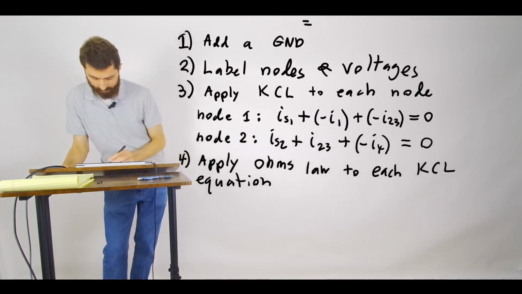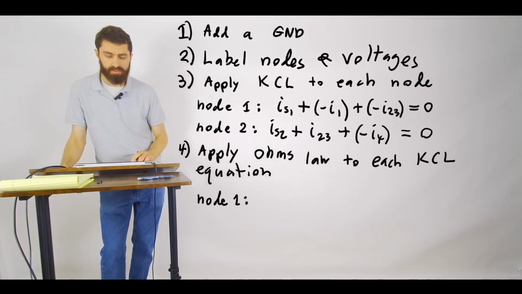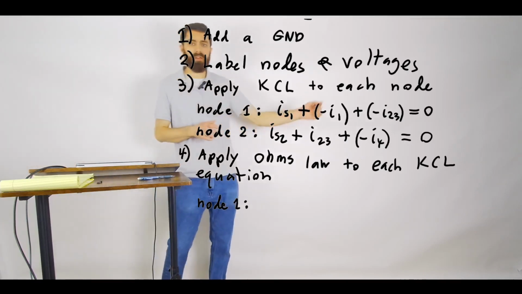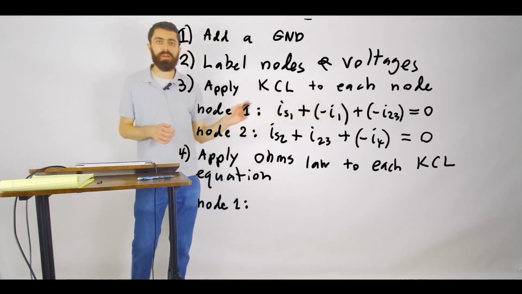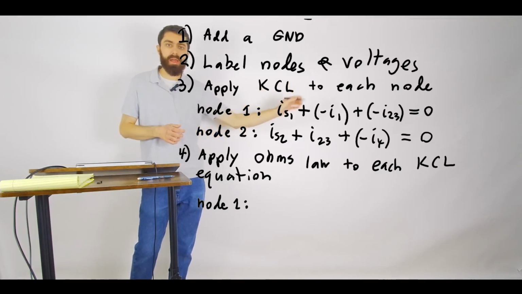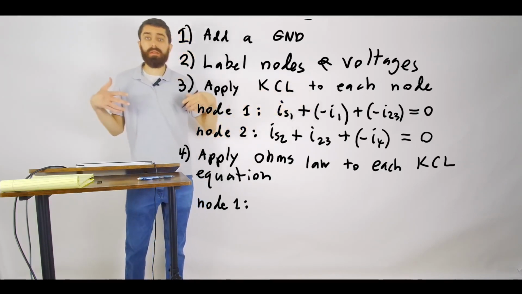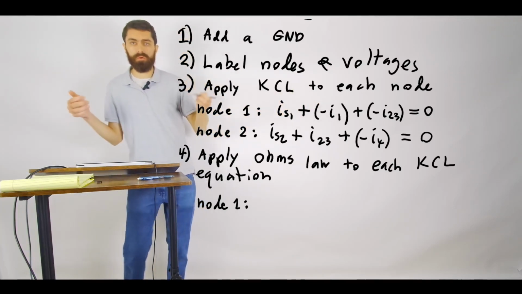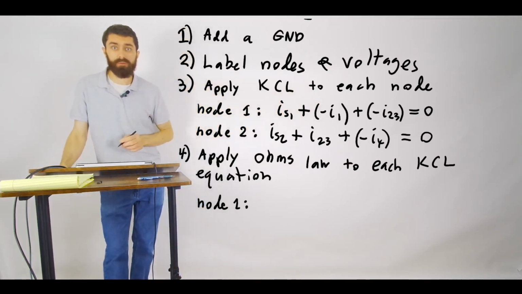So let me give you an example. So for node 1, the KCL equation with node 1. Here we've got the sum of all of our terms here, IS1, I1, and I23. We can express I1 and I23 in terms of the nodal voltages using Ohm's law.